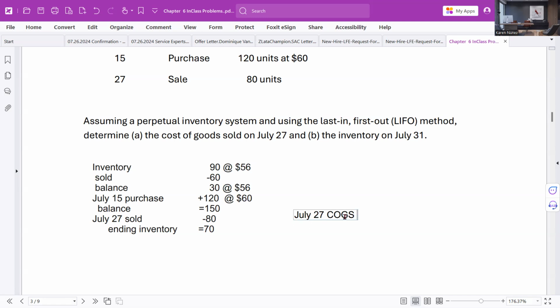So on July 27th, the cost of goods sold should be based on those 80 units, 80 at 60, which equals 4,800. That's our cost of goods sold. And we still have 70 units left. So what's our ending inventory?